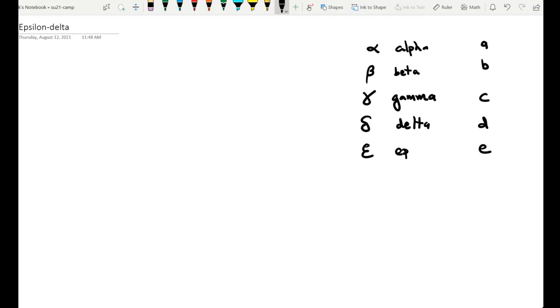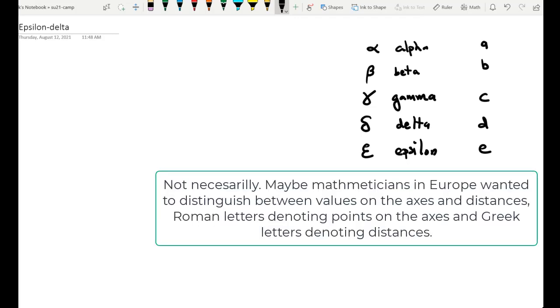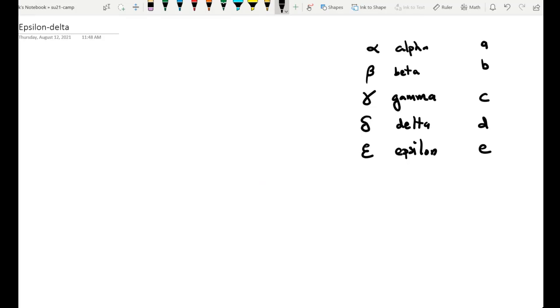And now, why do we use these Greek letters in math? Well, because they ran out of letters in the Roman alphabet, right? And at least European mathematics kind of looks back at Greece, so they used Greek letters.